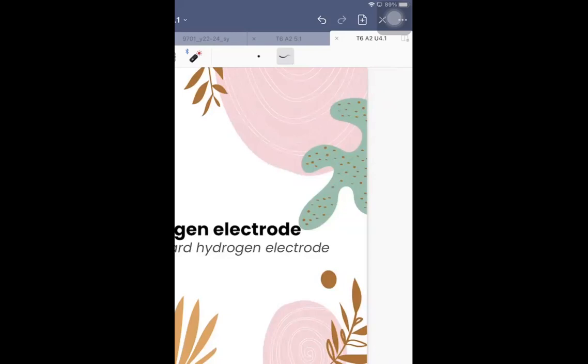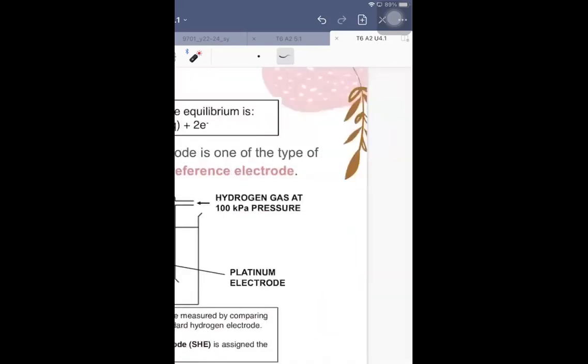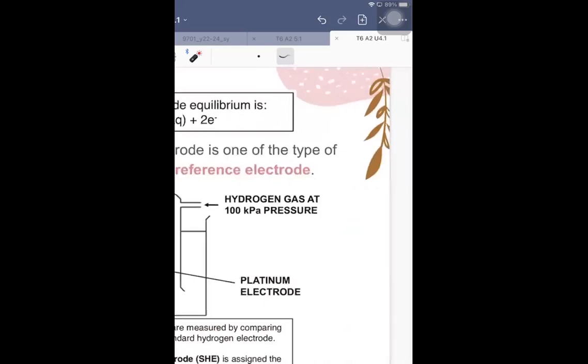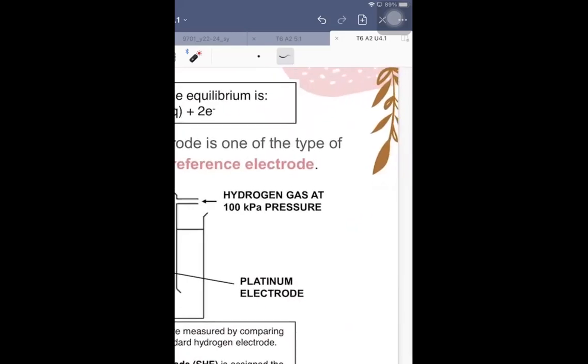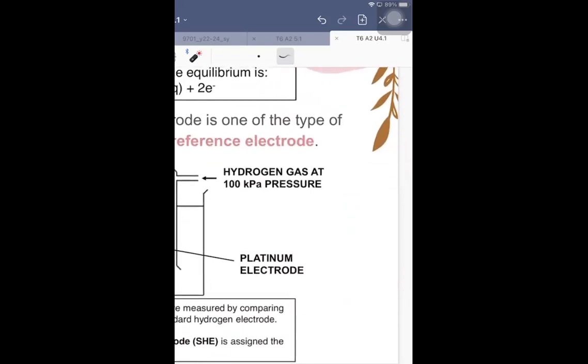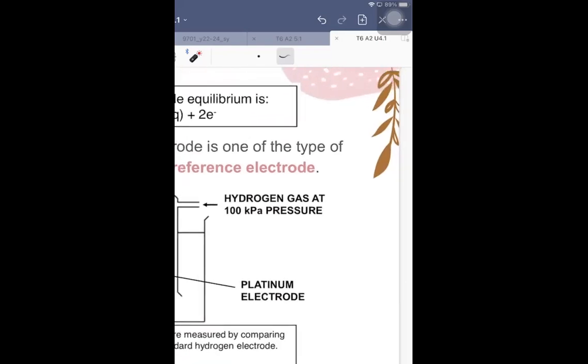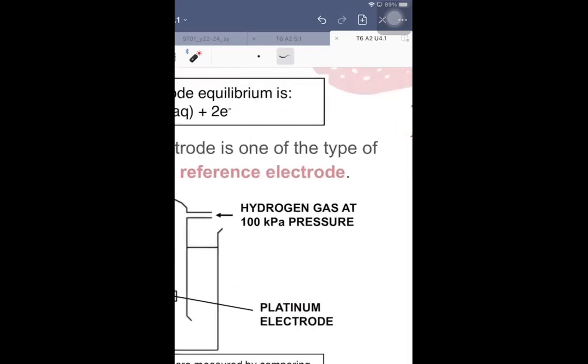So for this learning objective, you are to describe the standard hydrogen electrode. Just like any other half cell, the hydrogen electrode, our reference electrode, also contains an equilibrium system. The system is between hydrogen gas and hydrogen ions, right? They're the same element, but different oxidation state.